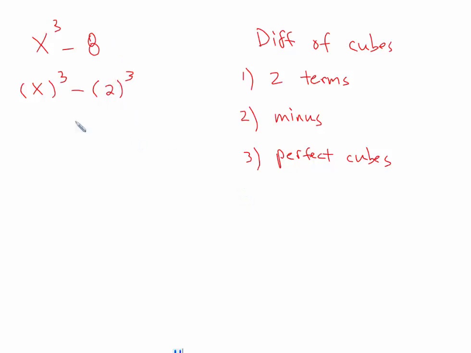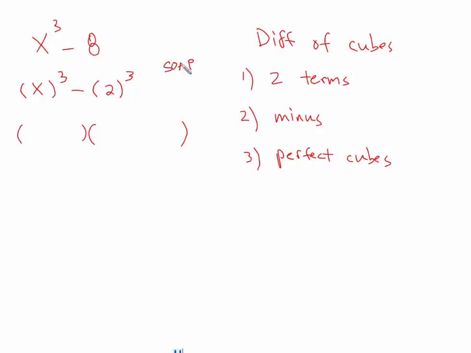Alright? So when you factor this, right? So when you factor a difference of cubes, it's not quite as easy as a difference of squares, but once you learn the pattern, it's pretty easy. The factors will always be a binomial followed by a trinomial, right, and they're multiplying with each other. Now, to get the signs for your binomial and trinomial, you have to remember this little trick.